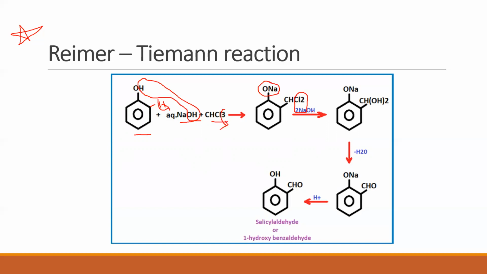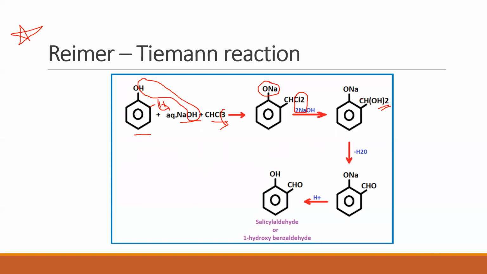Yes, 2OH minus gets substituted in place of Cl2 to give us CH(OH) twice. Now, when you observe this molecule here, this carbon, the carbon which is having H and OH twice, it has more than one OH group, or more than one OH group is attached to the same carbon.